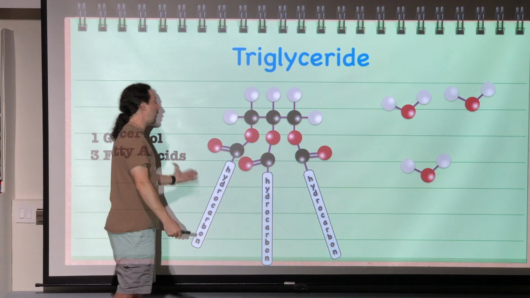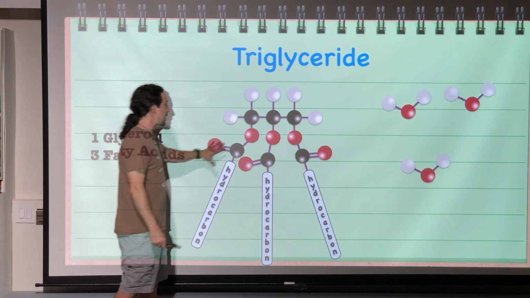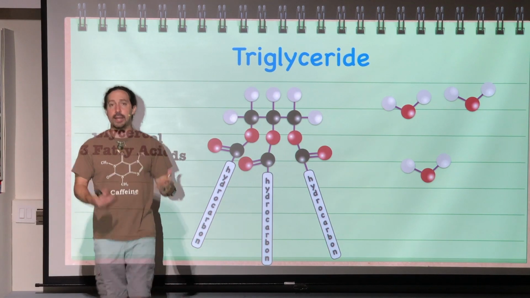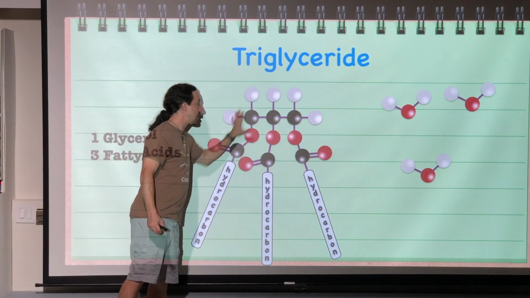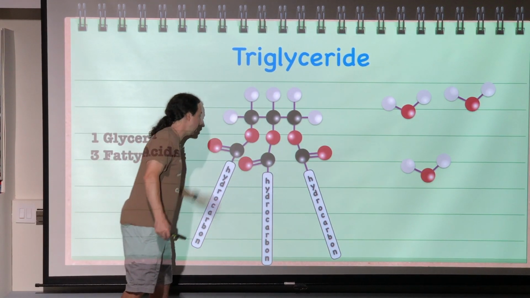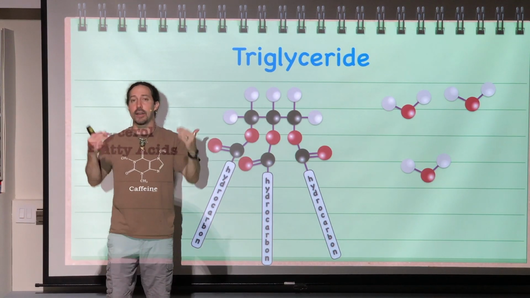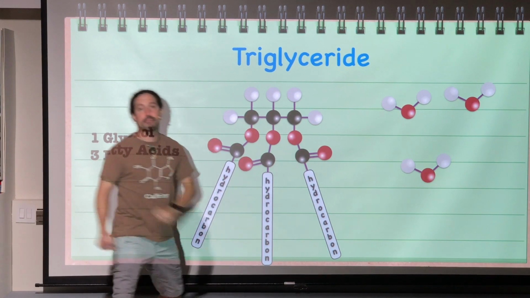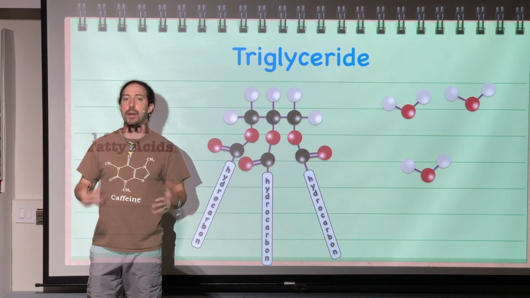It is generally non-polar. Yes, we do have some oxygen bonded to carbon, absolutely. But that's hidden behind a lot of carbon to hydrogen. And since it's hidden behind a lot of carbon to hydrogen, that means that this is pretty much completely non-polar.